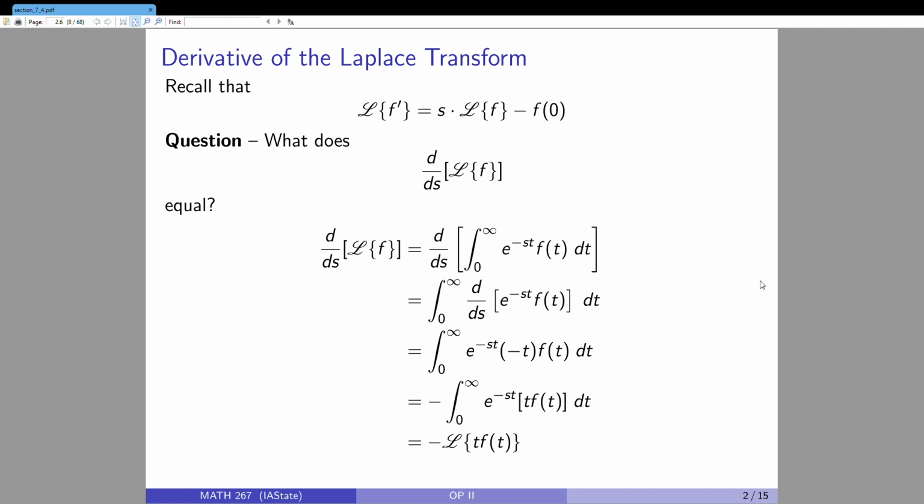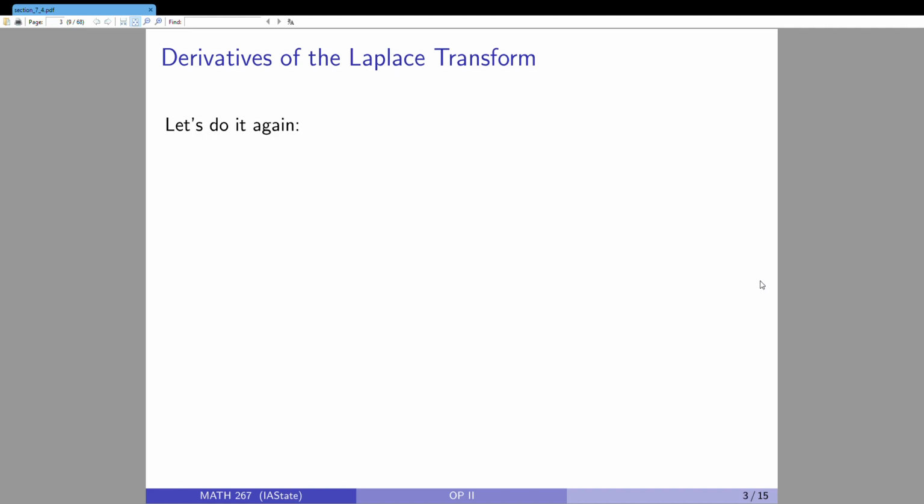Speaking of derivatives, the best part about them is that, well, you just can't have one. Let's take another derivative. Right, so if I want to do the second derivative, well, I know what the first derivative is. It's going to be negative the Laplace transform of t times f of t. The second derivative is just doing the derivative twice. Derivative's linear, so I can pull out the minus sign.